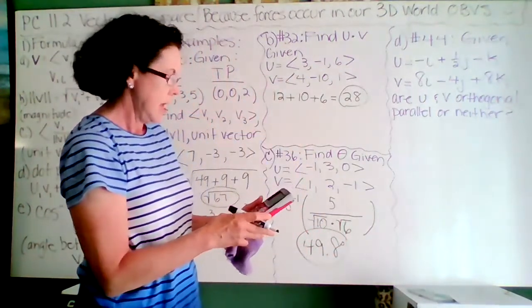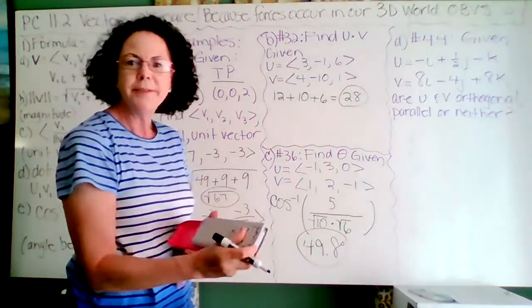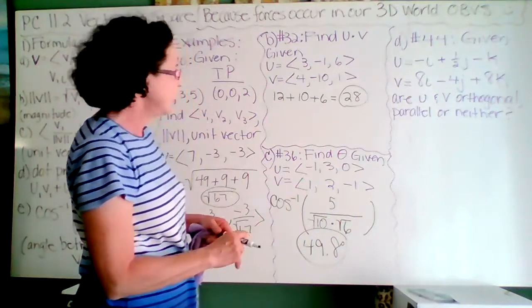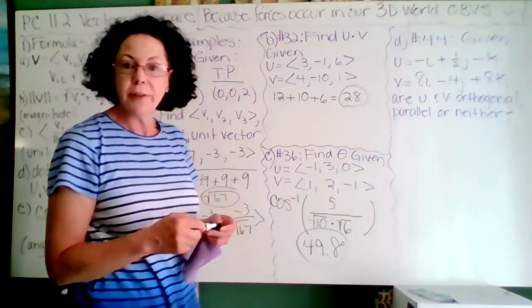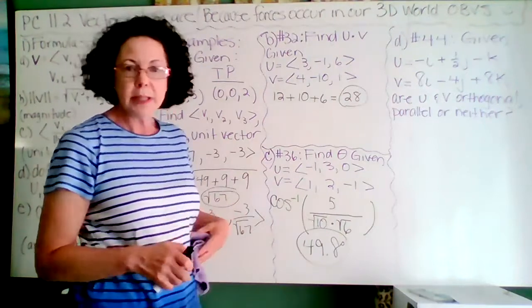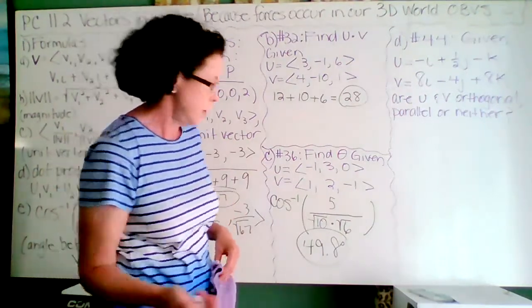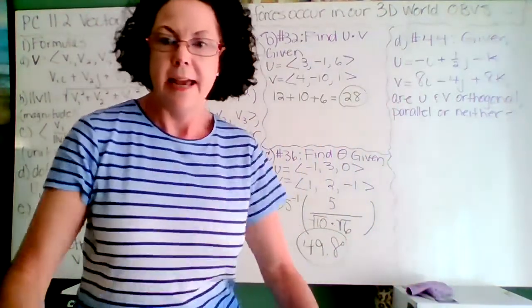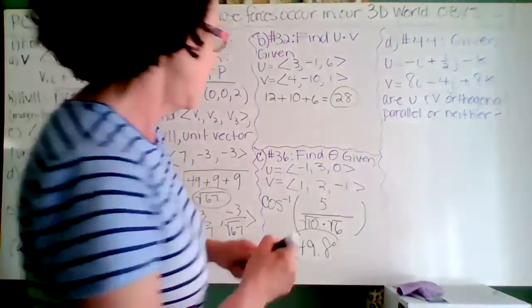Excellent. Problem number 44. Given the two vectors, I wrote them as the sum of unit vectors. Are u and v orthogonal, meaning perpendicular, parallel, or neither? So how would we do that? Well, orthogonal, again, is when the dot product is 0, right?